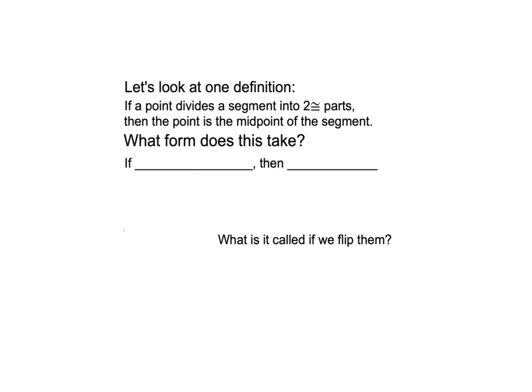Let's look at one definition. If a point divides a segment into two congruent parts, then the point is the midpoint of the segment. So this form is called conditional form. In conditional form, we have if hypothesis, then conclusion.